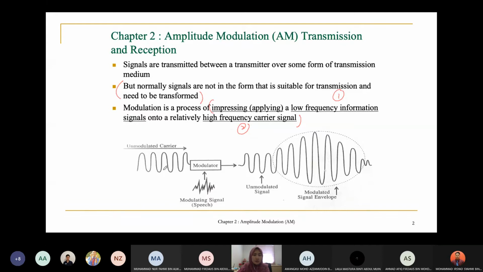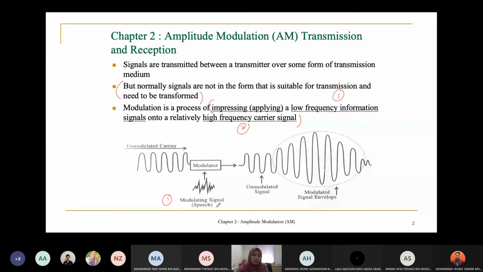In this figure, this is the modulator, and you have two inputs. The first input is the modulating signal, or we also call it the information signal. This is the information that we want to send.